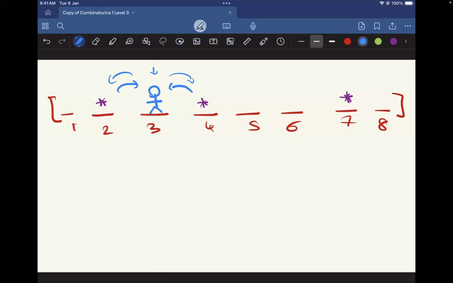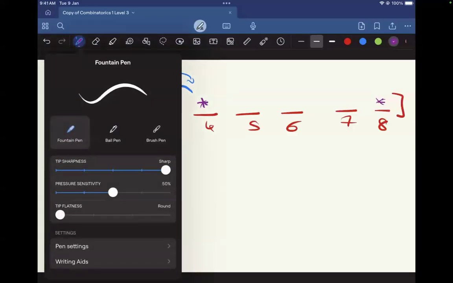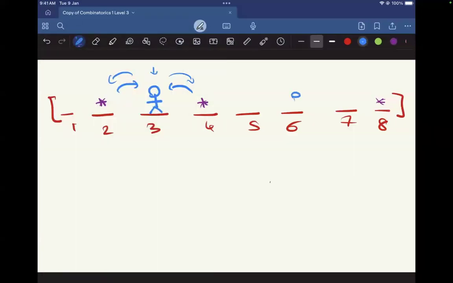Correct? Now, similarly, let's say we remove David from here and put him over here. If David is over here, he would like to stay because if he goes to either side, he goes closer to one of the teachers.